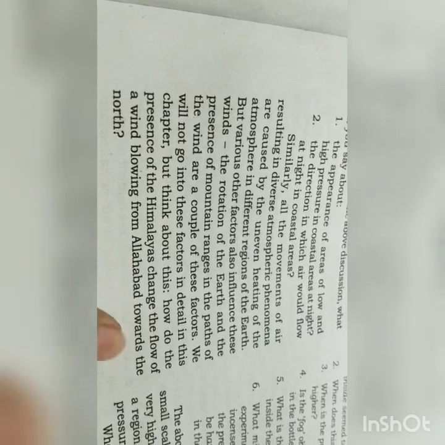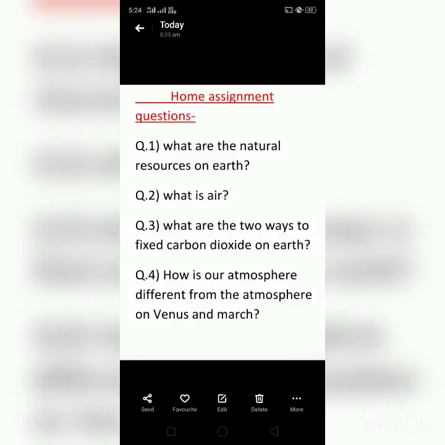We will not go into these factors in detail in this chapter, but think about this: how does the presence of the Himalayas change the flow of a wind blowing from Allahabad towards the north?